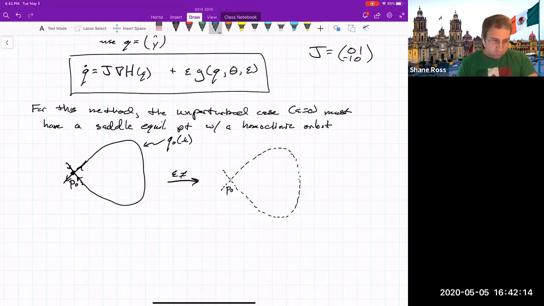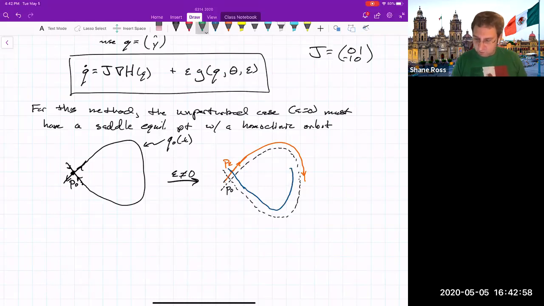But because we've turned on the perturbation, maybe that point has shifted, and now we're looking at the Poincaré map, and the stable and unstable manifolds have moved. So here's the unstable direction, and then here's the stable direction.